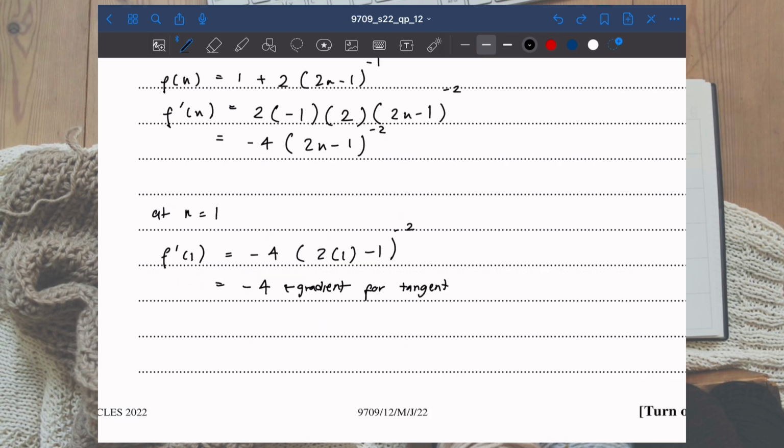Now we can find the point that lies on the line. To do that, we substitute 1 into f of x. So f of 1 will be 1 plus 2 over 2 times 1 minus 1. This gives us 3.